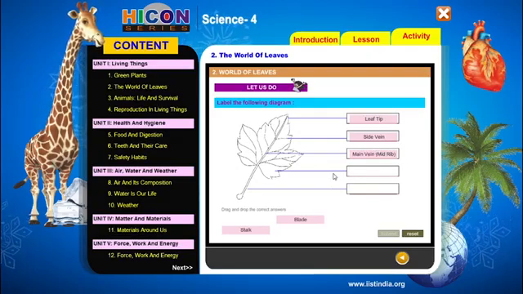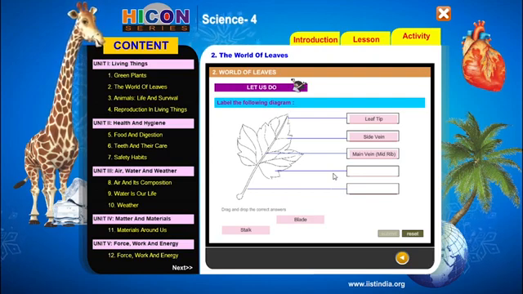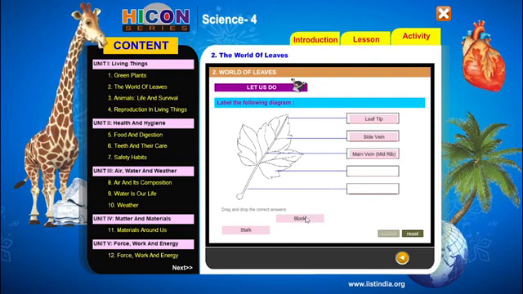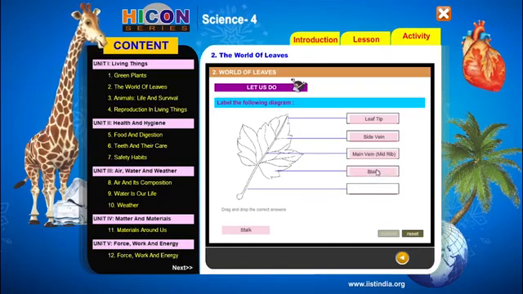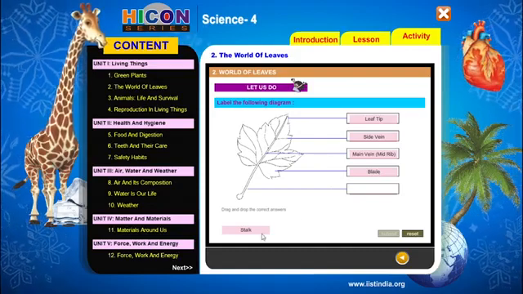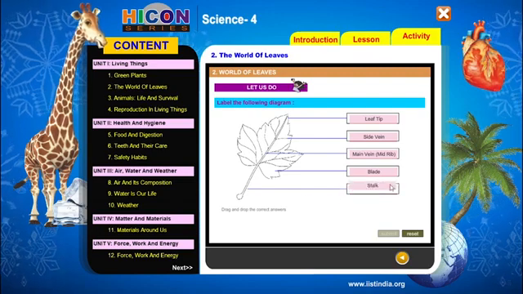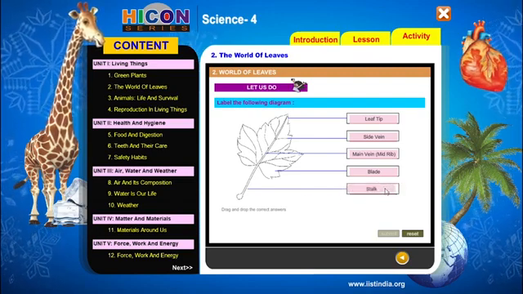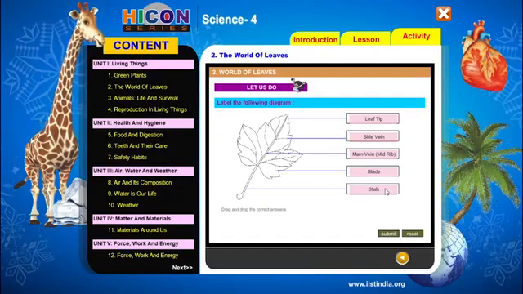And see the fourth one. Here the fourth one represents the blade, because the green flat part of the leaf is called the blade, the leaf blade. Next, children, see the fifth part. Here the fifth part represents the stalk. The stalk is the part of the leaf by which it is attached to the branch of the tree.